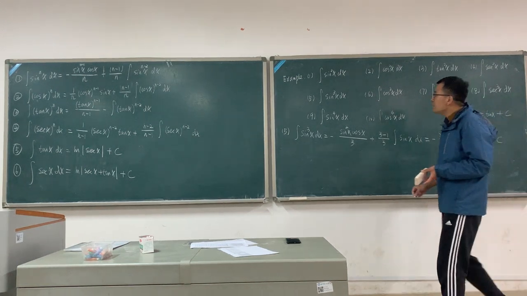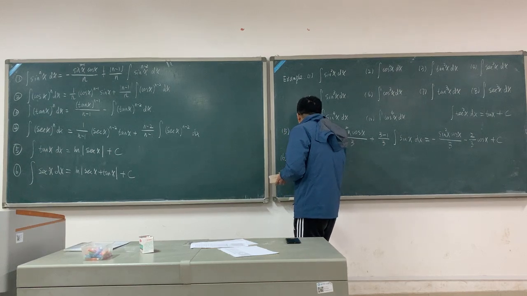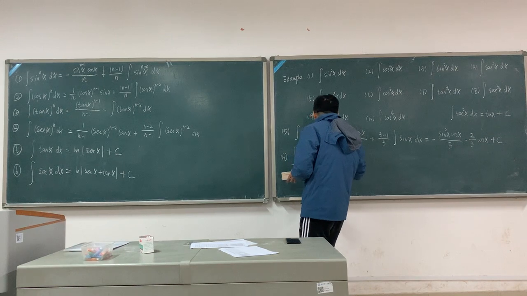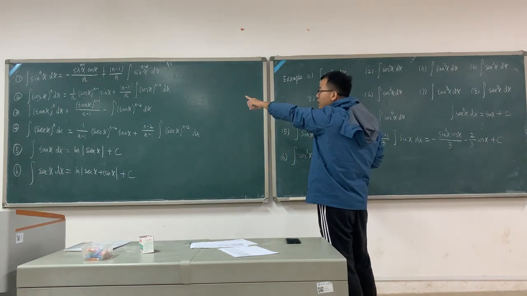Now for number 6. Here is the antiderivative of cosine x cubed dx. We use number 2, the reduction formula.